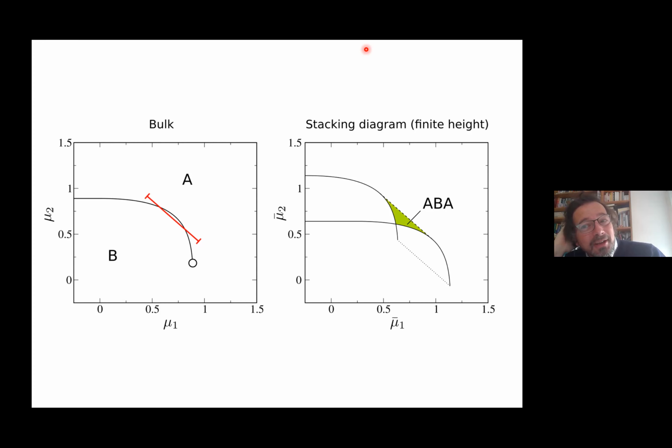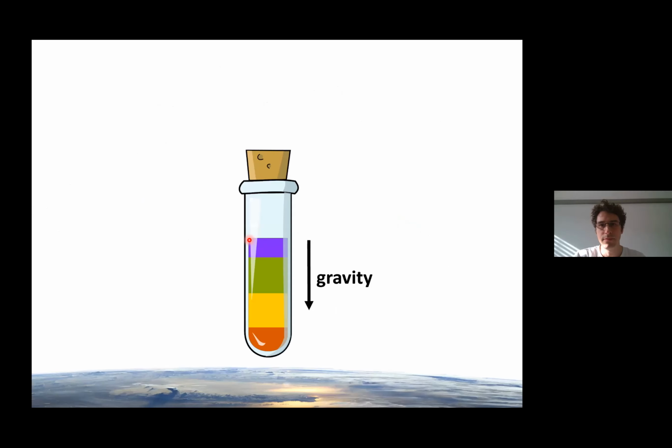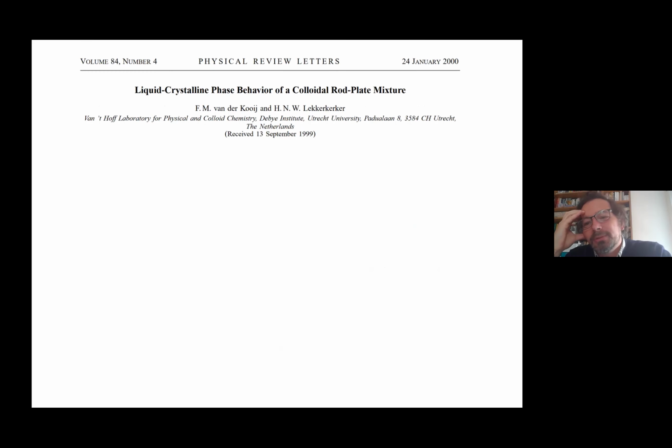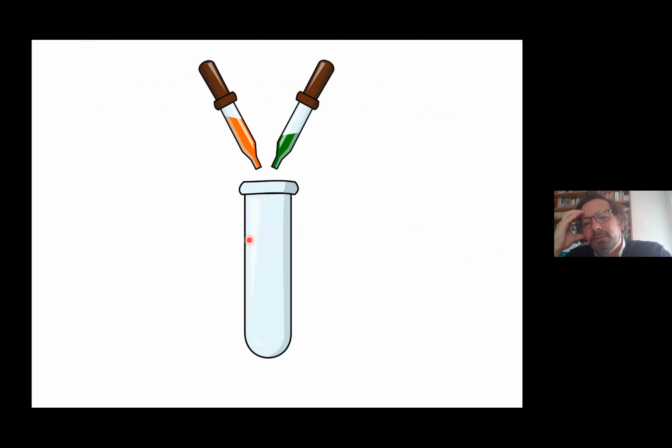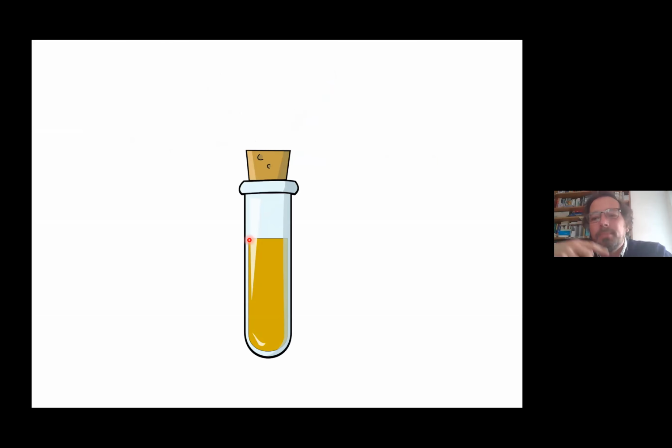Sorry, Paul. Can I ask another question? Go ahead. At the beginning, you said that you have your two colloids in two solvents, and then you mix. Is the role of the solvent important?